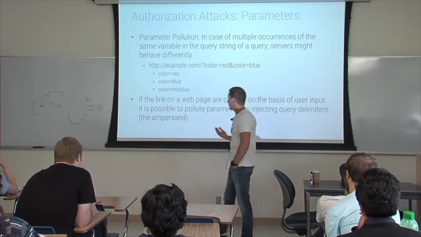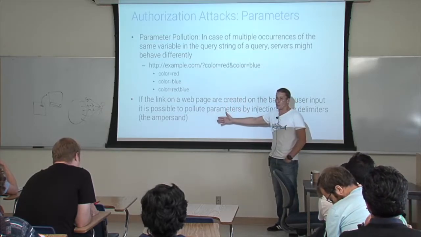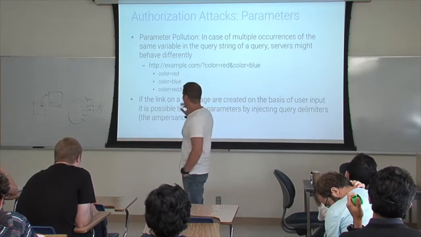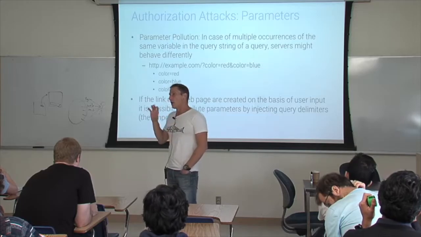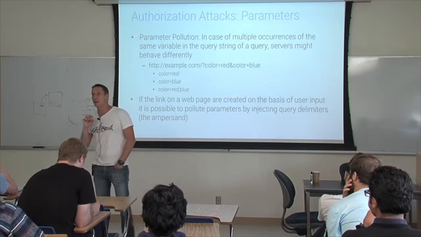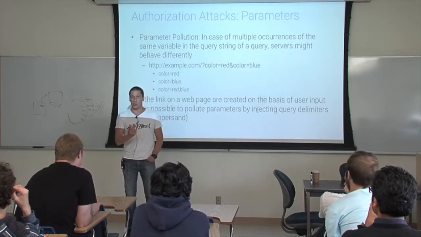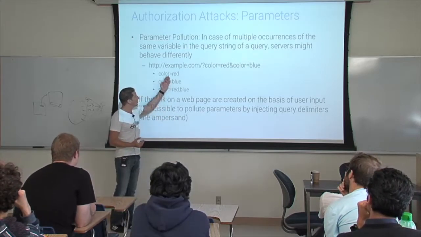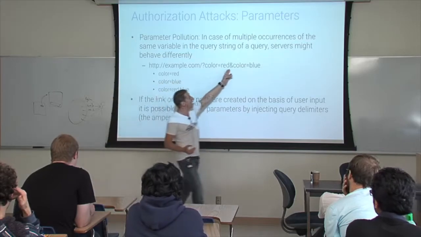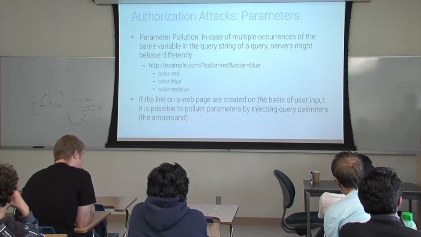This is, in a way, web server dependent. If somebody took this and said, wow, if I could modify it and have a situation in which the value of my parameter is used to actually create the web page, then, for example, if the last one is used and I can add another color equal blue, I could change the semantics of the website.